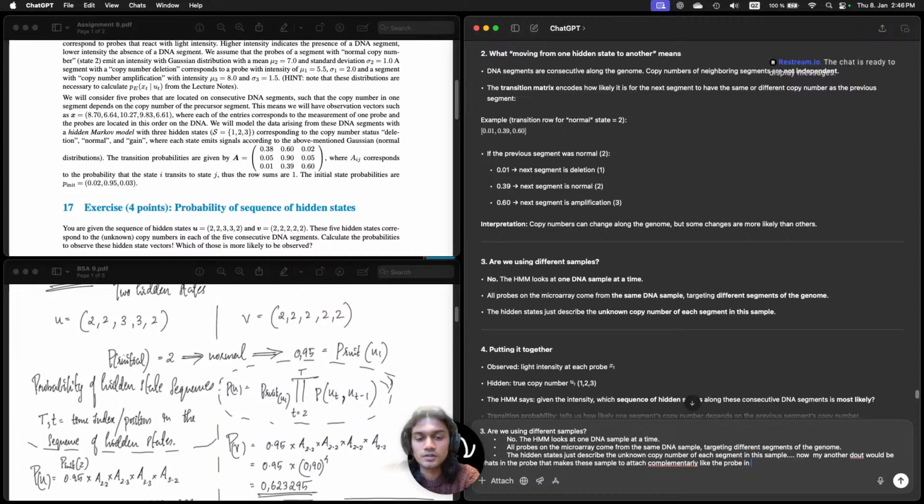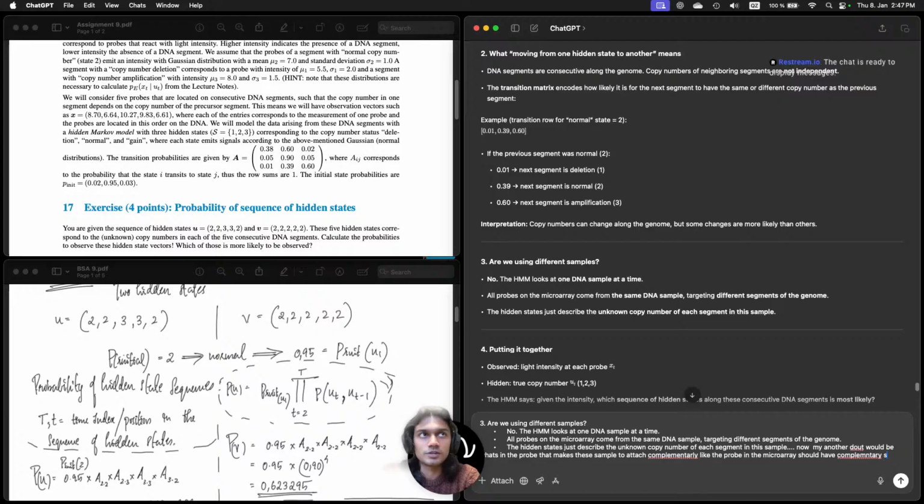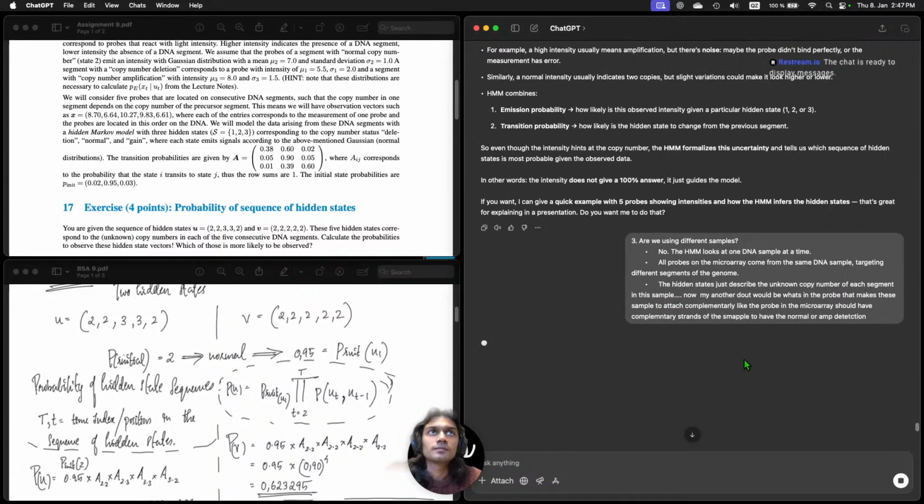The probe in the microarray should have complementary strands of the sample to have the normal or amp detection. Doubt.